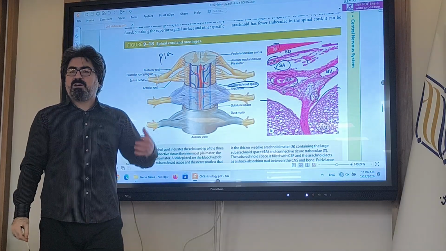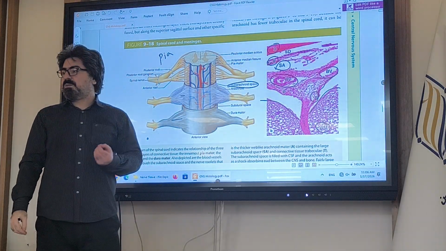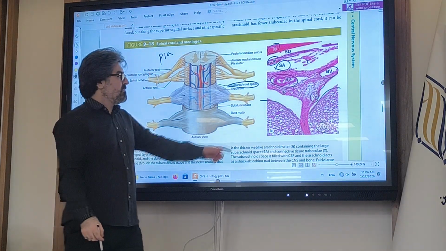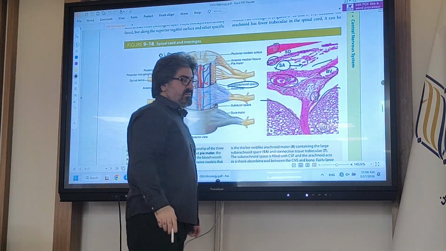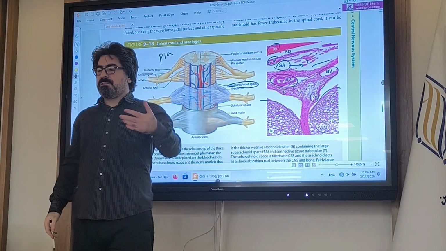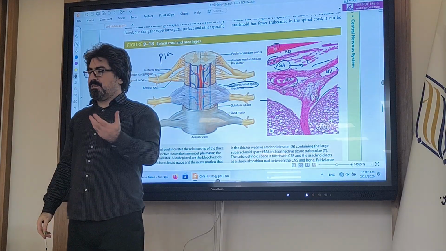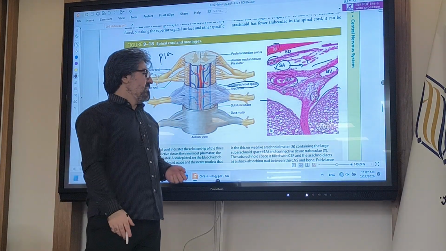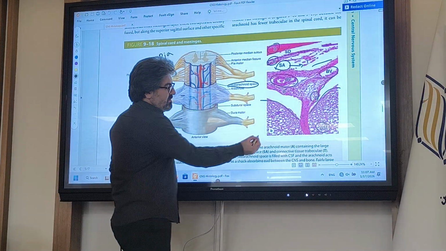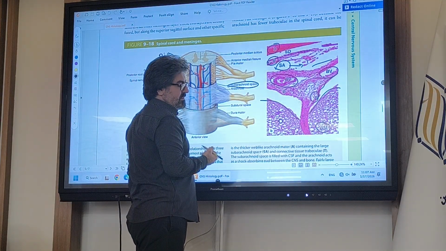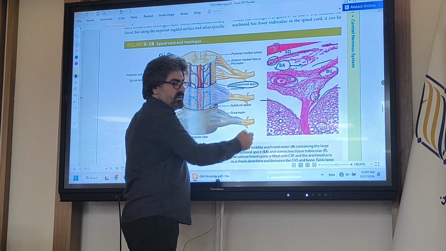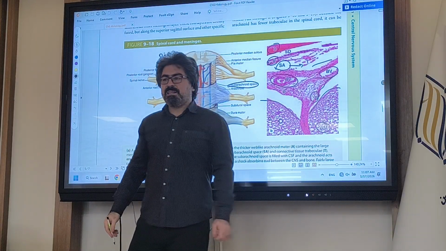You can see some large blood vessels in the space of subarachnoid. And subarachnoid space, as I told you, is filled by CSF, cerebrospinal fluid. What is this structure? Axon. Very good. These white areas are myelinated axons.